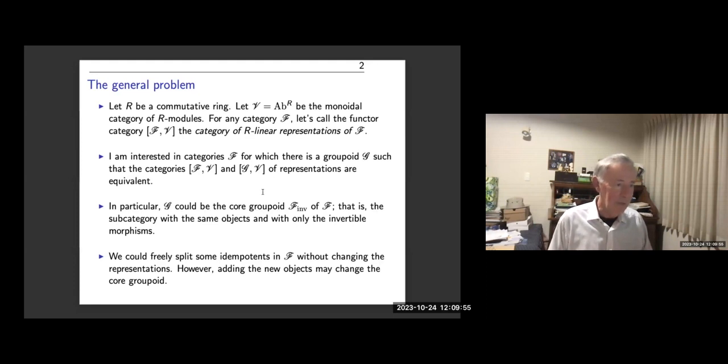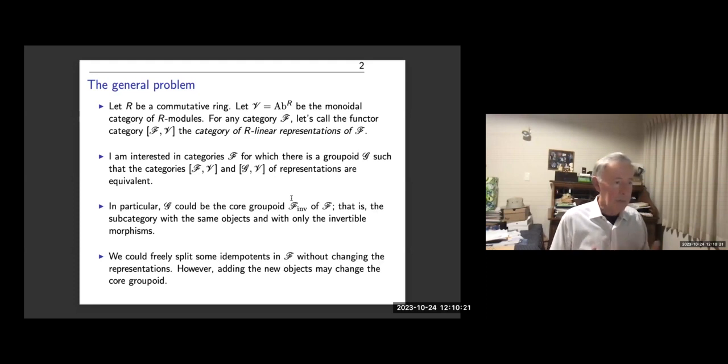If you have a category F, you just take the same objects and the invertible morphisms, and that gives you a groupoid. And generally that of course won't have the same representations as the original category, but sometimes it does, and it's a little bit surprising to me how general this can be.